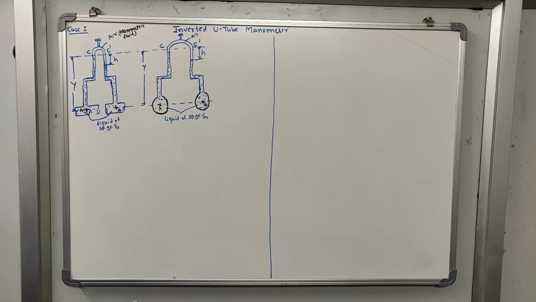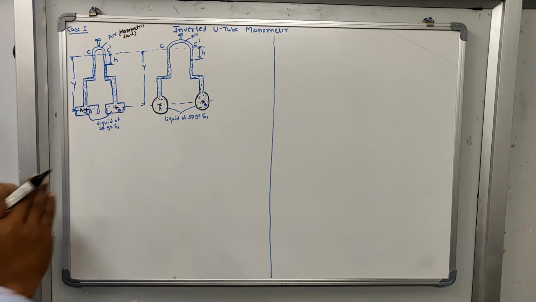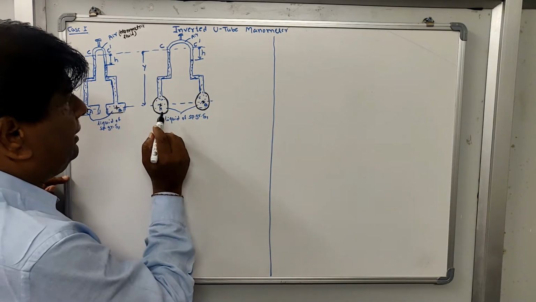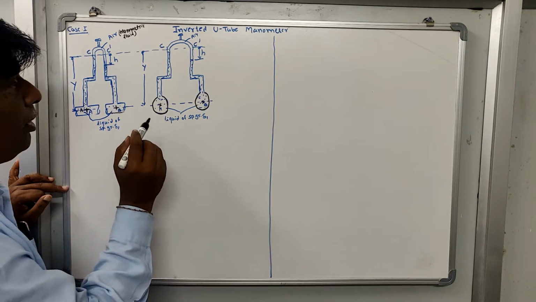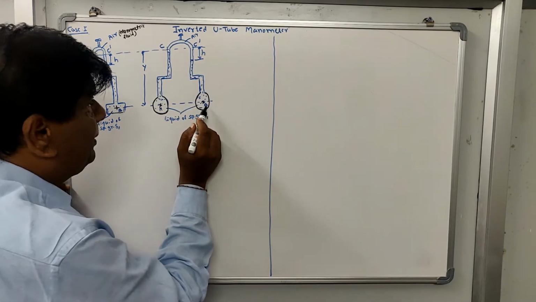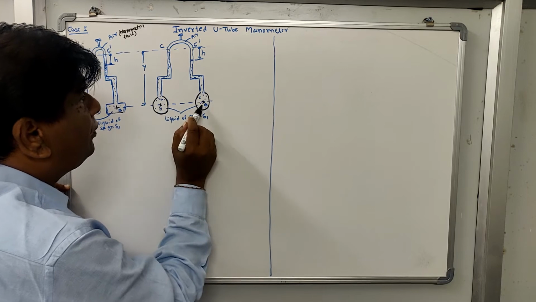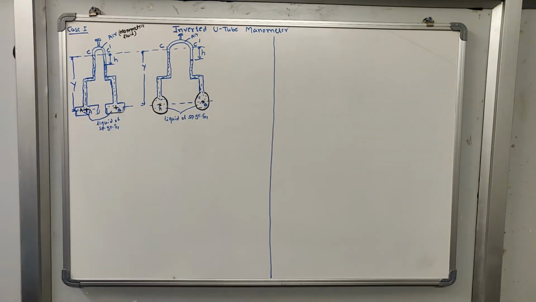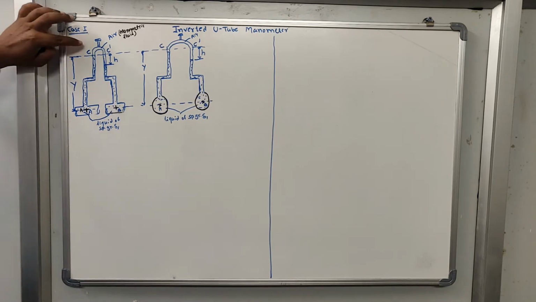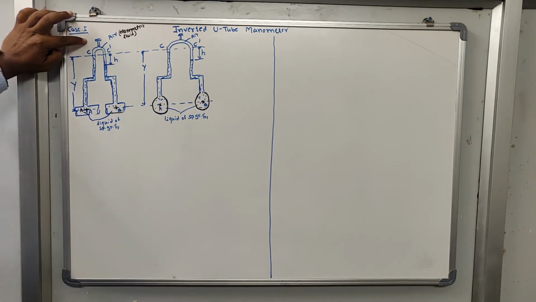So in today's class we will discuss how to find the pressure head difference between two points in a single pipe of fluid specific gravity S1, and also between two points of two separate pipes running parallel to each other. For these cases we will discuss how to develop the gauge equation.